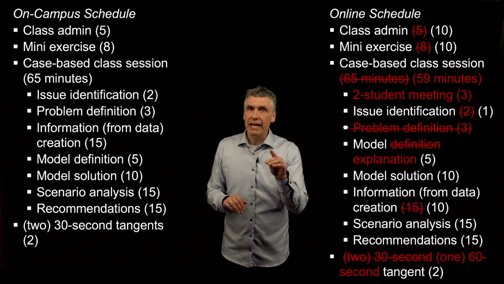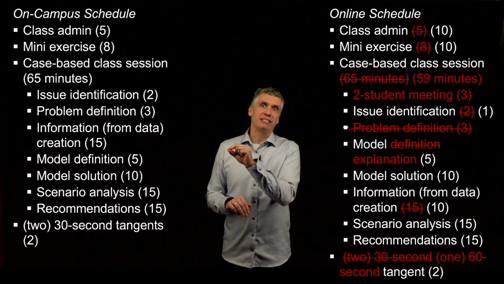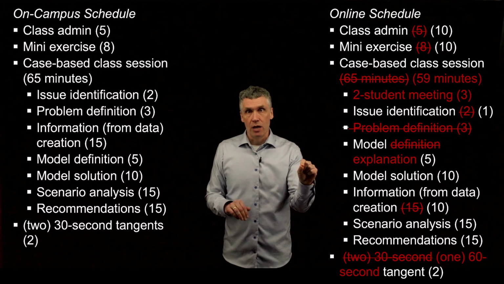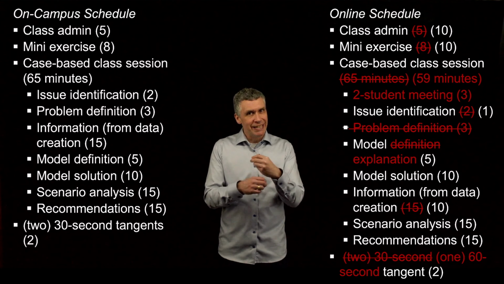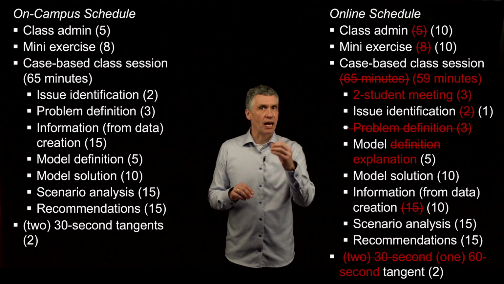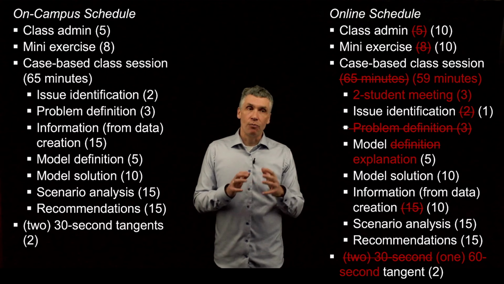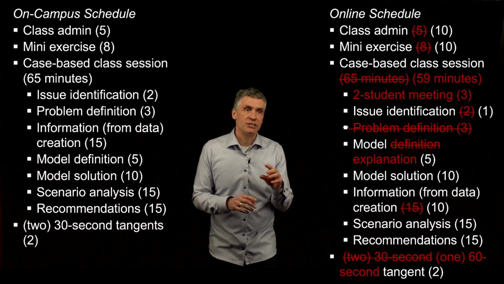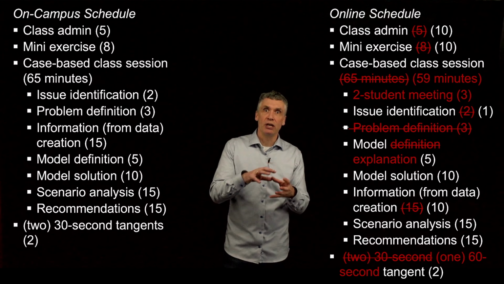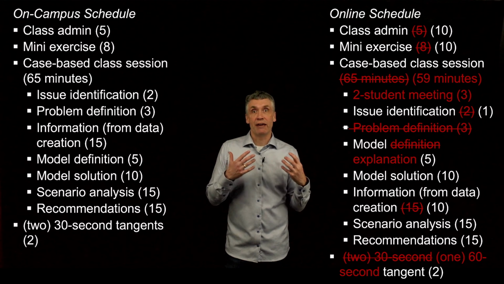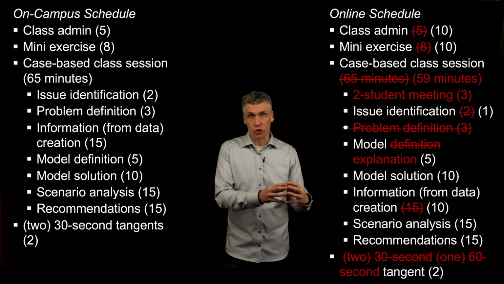But we take the issue identification and then I basically advance the plot. Whereas we would tease out some of those things on campus, I just blitz through that part here. And what that gets us to is the model explanation, so the students can dive into a more guided model solution.